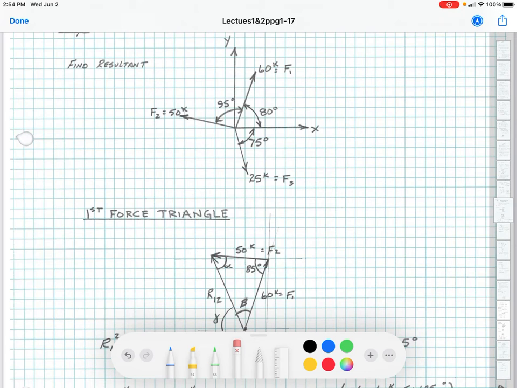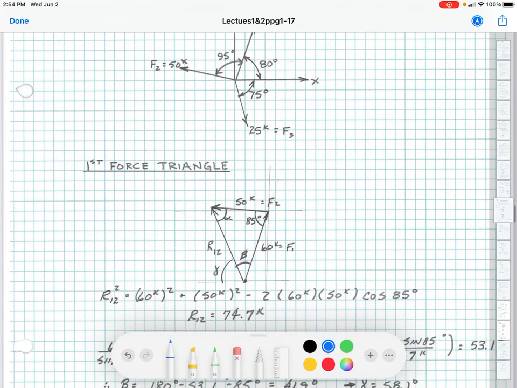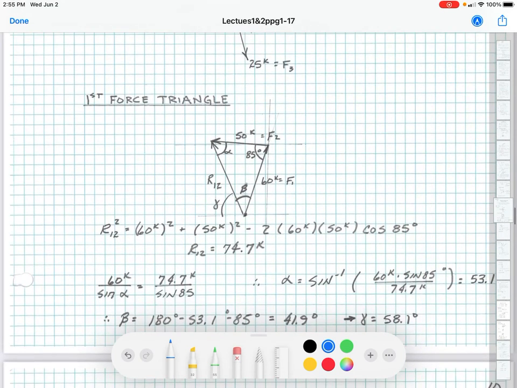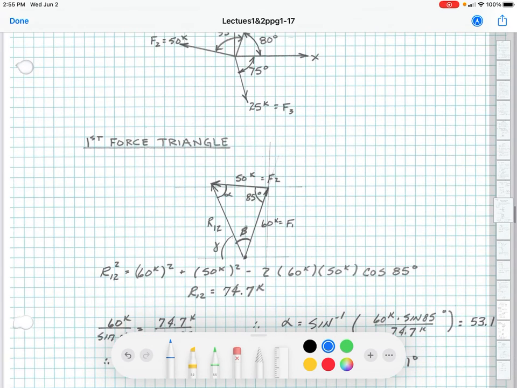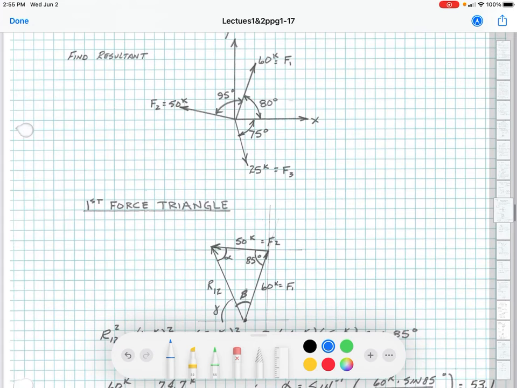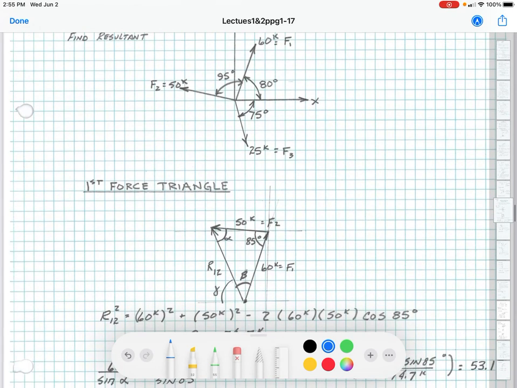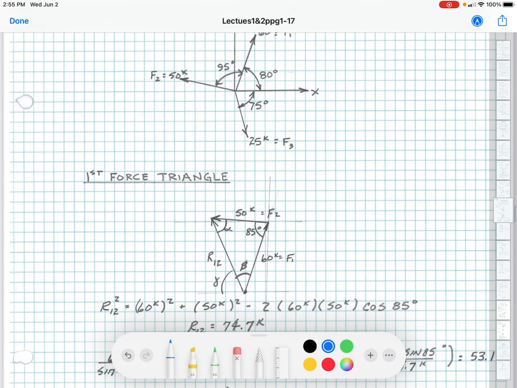The first thing we have to do is come up with a force triangle for two forces. In this case, we're going to use F1 and F2, which we know from our drawing up here.